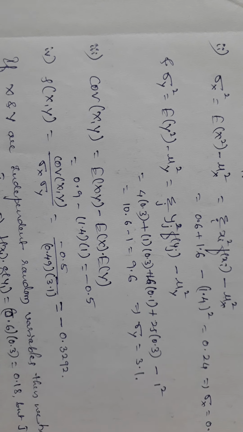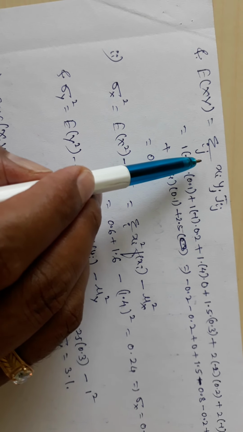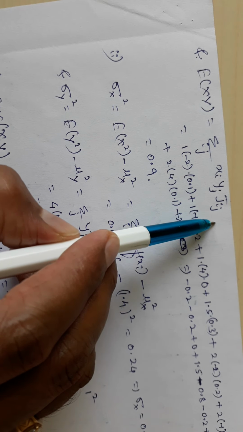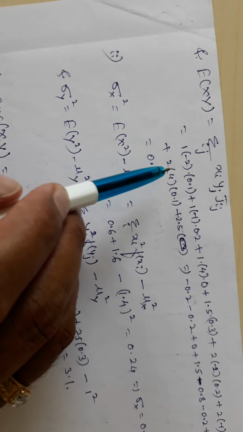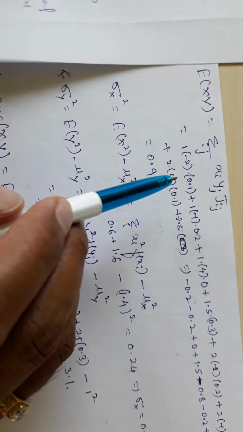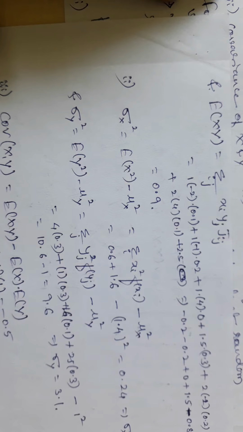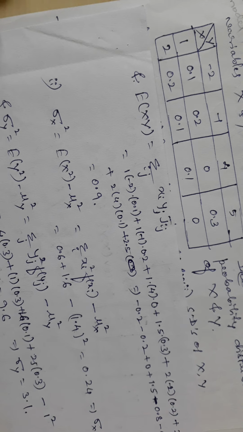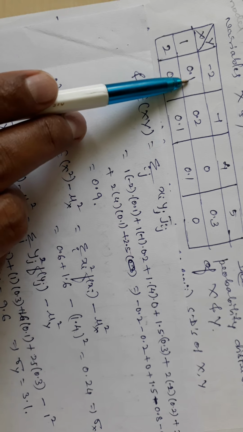Now the expectation of x and y, we have the formula summation of xi yj into fij. By observing the table, for each x and for each y we have the joint values.